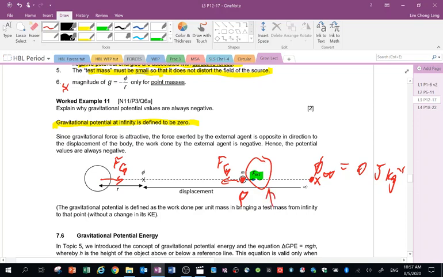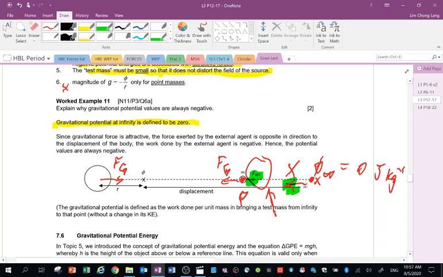F external is actually doing negative work done because if it moves the body from infinity in this direction, if x is the displacement, then the direction of x and the direction of F external, they are opposite. So these two are opposite. Can you see the directions are opposite?